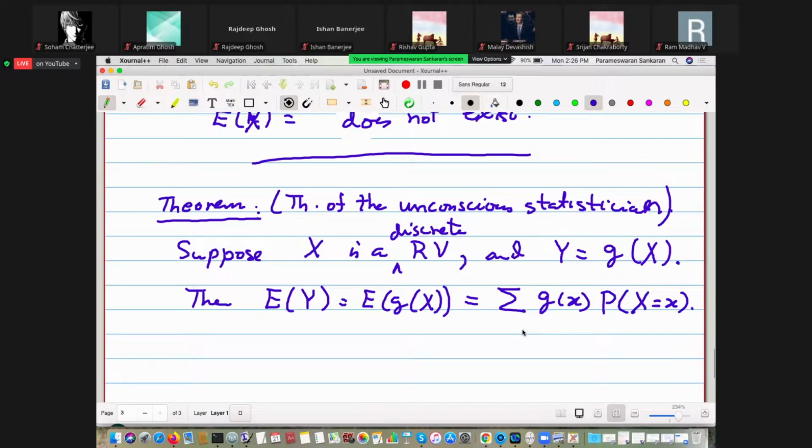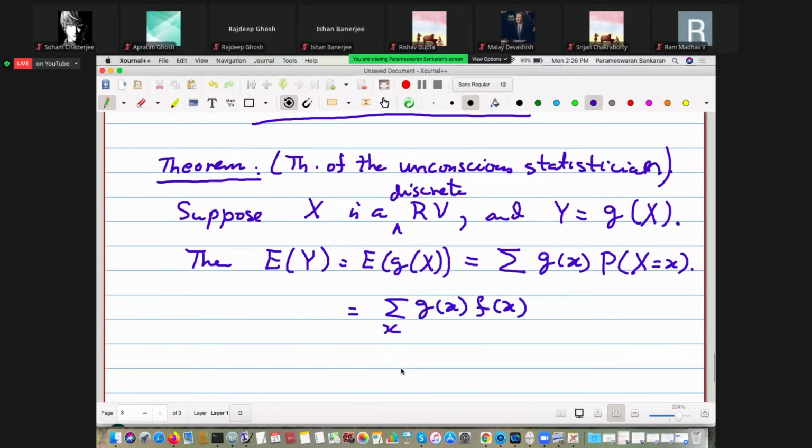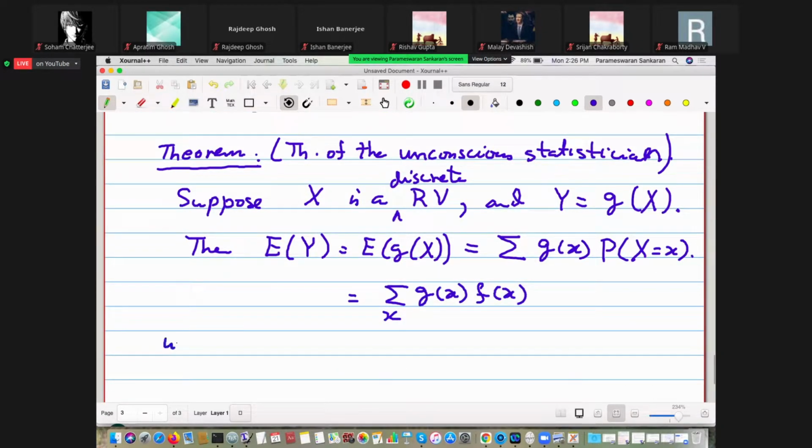Or this is the same thing as the summation of g(x) f(x), where f is the mass function of capital X. Sir, so shouldn't it be summation g(x) into p of x equal to g(x)?